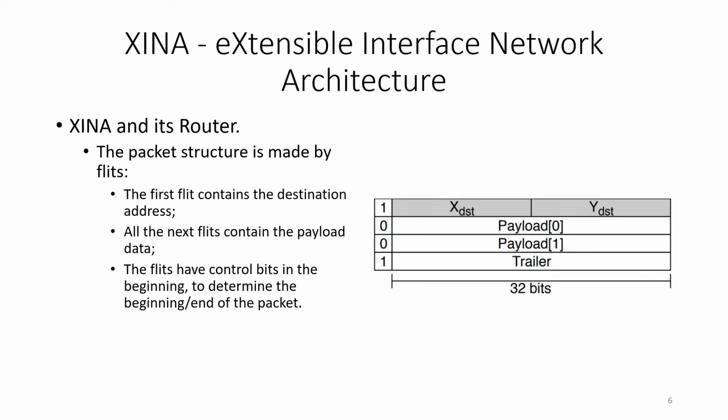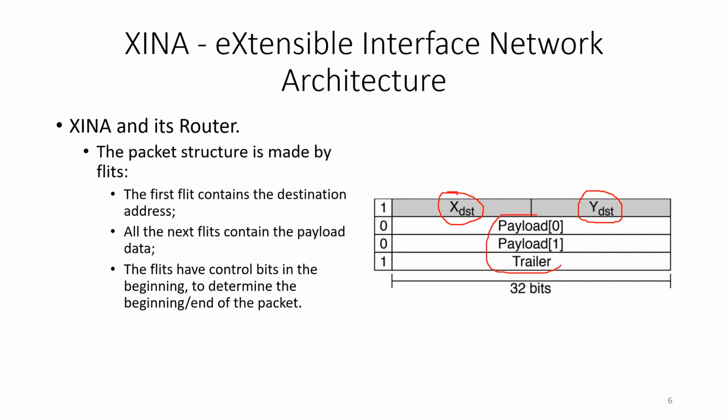Here is an example of a packet that is sent between routers in Zyna. The packet structure is made of flits, where the first flit contains the destination address, where the first half has the address in X, and the second half has the address in Y, and all the next flits contain the payload data.